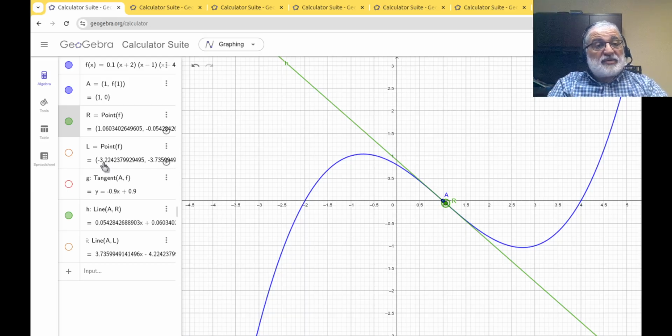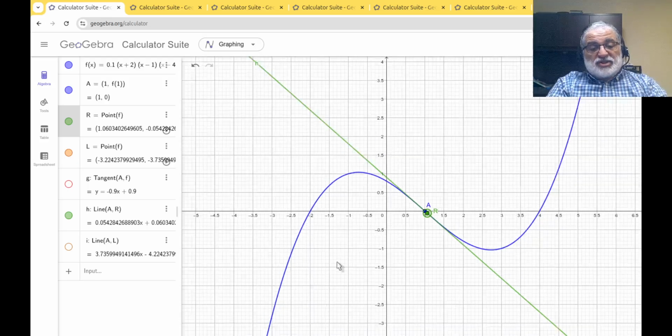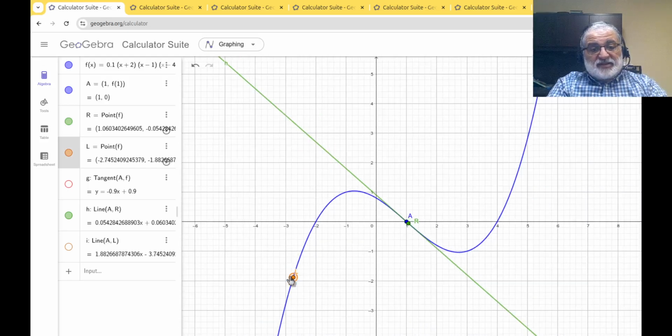Now notice what happens when we have a point to the left of A, not to the right, which is this point right here, point L. Now I can also connect a line from point A to point L, and that also would be a secant line.